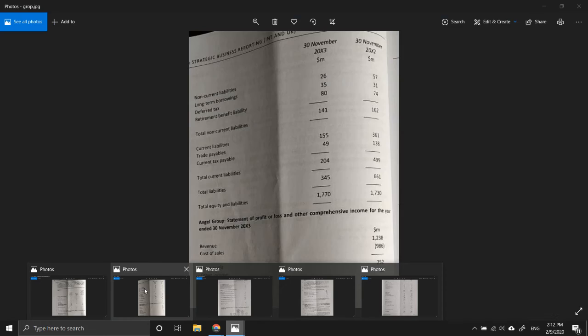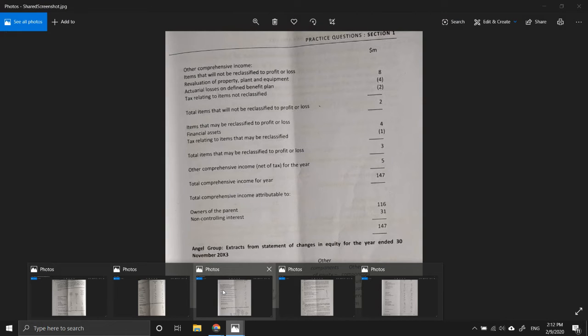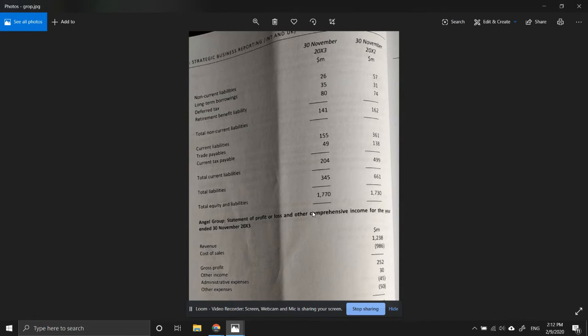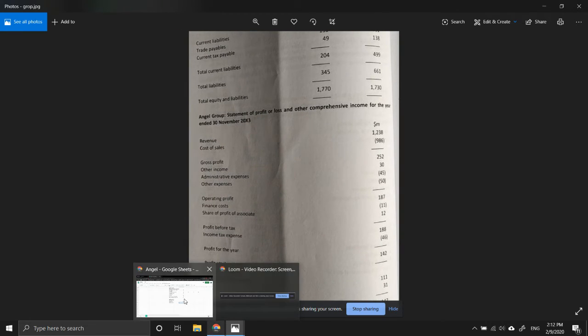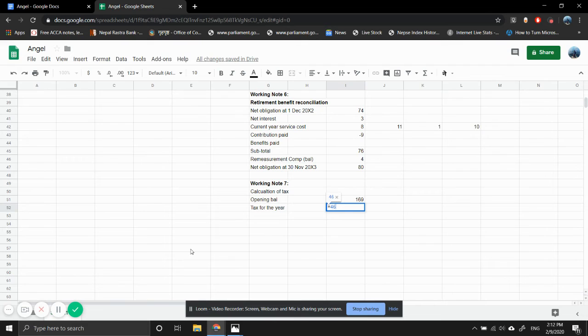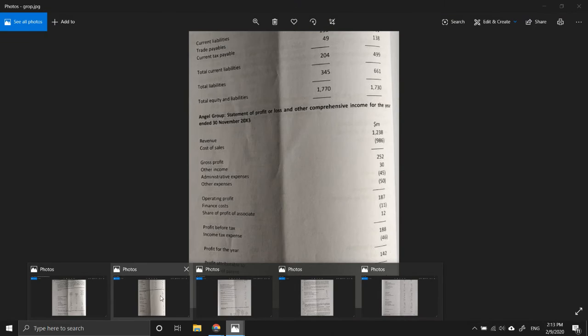Okay, tax for the year. Where is our SOPL? So what was the tax expense? 46, 6, right? And then anything on OCI?